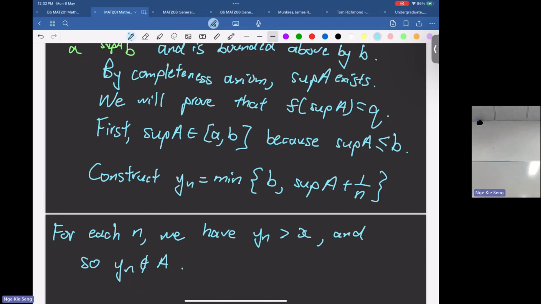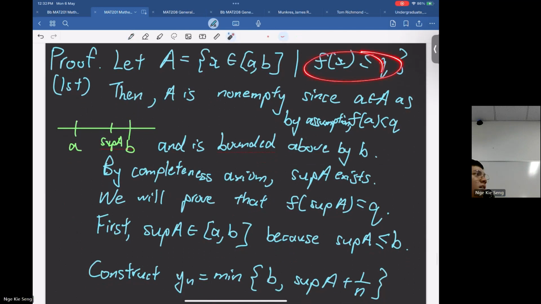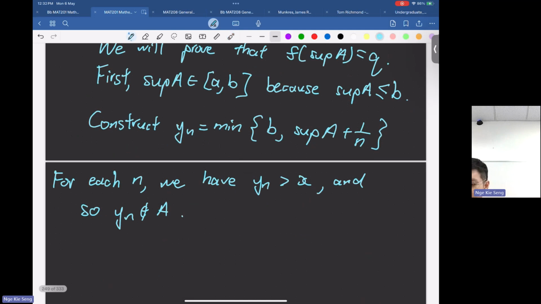Because sup A is the largest thing that satisfies the property of A. If you are not in A, it means f of y_n is greater than Q. So then f of y_n is greater than Q.